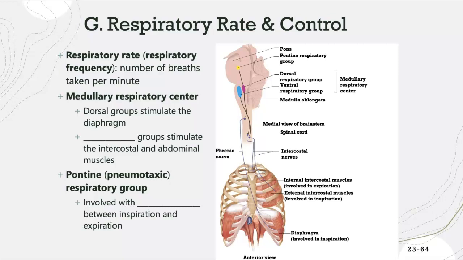We've got some dorsal groups there that are going to help stimulate our diaphragm, and our ventral groups are going to stimulate the intercostal and abdominal muscle groups. We also have a pontine respiratory group that is going to be involved with the switching between inspiration and expiration.